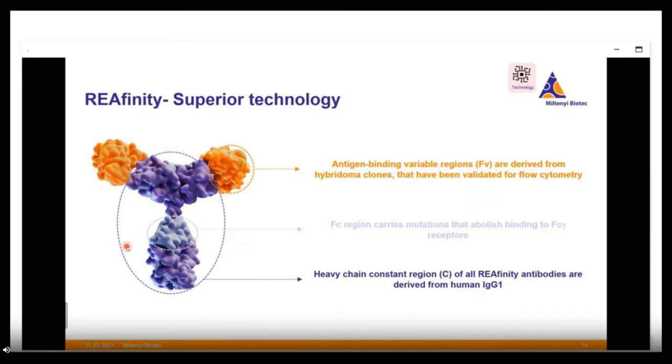Then you have the backbone, which here in purple derives from the constant region of human IgG1. So all our antibodies basically contain the same IgG1 backbone. Finally, in the Fc region of the backbone, we have done some mutation to abolish binding to Fc gamma receptor, and I will show you later what the benefits of this mutation are.